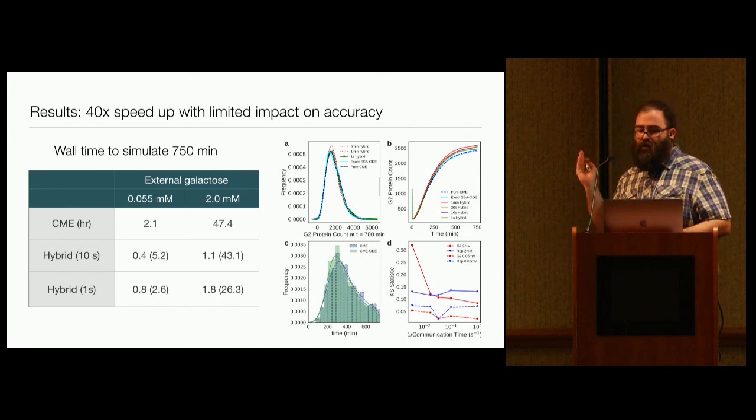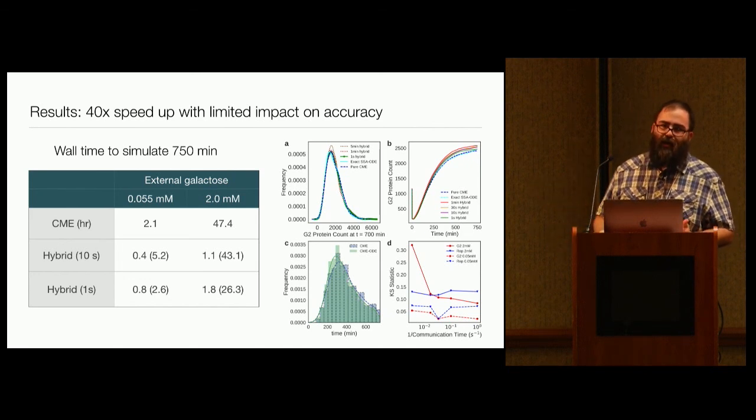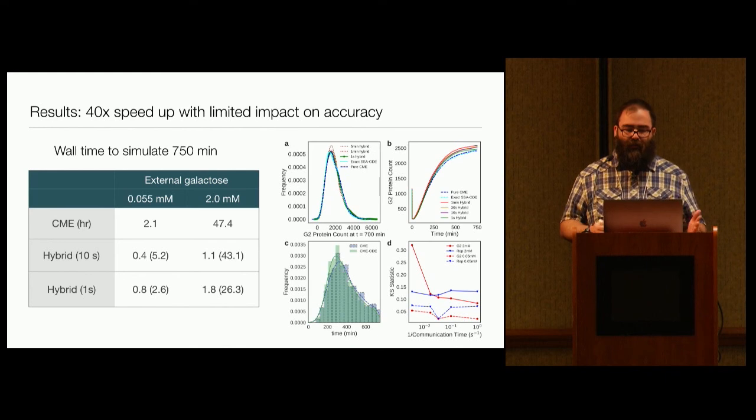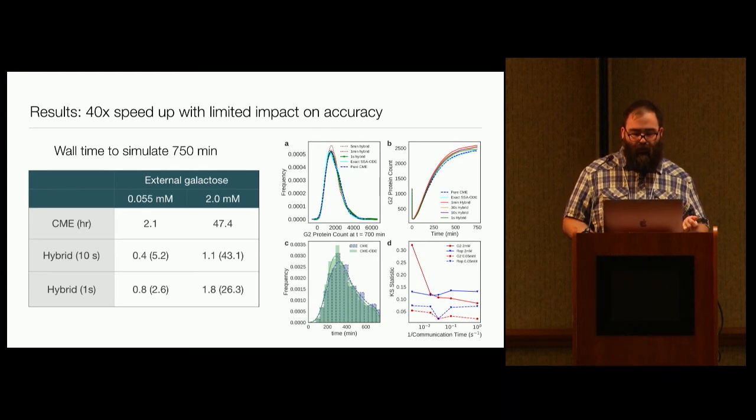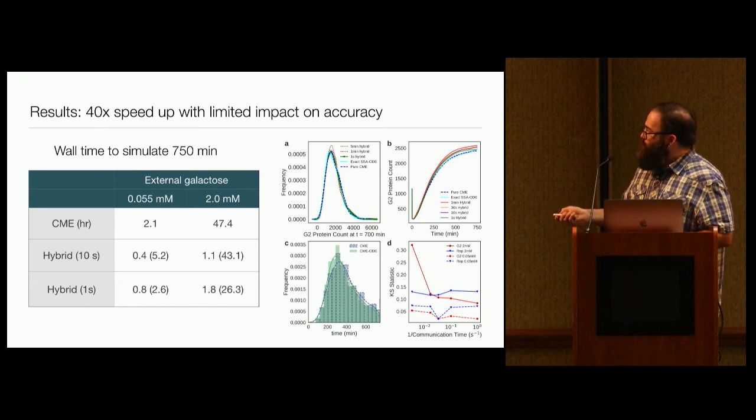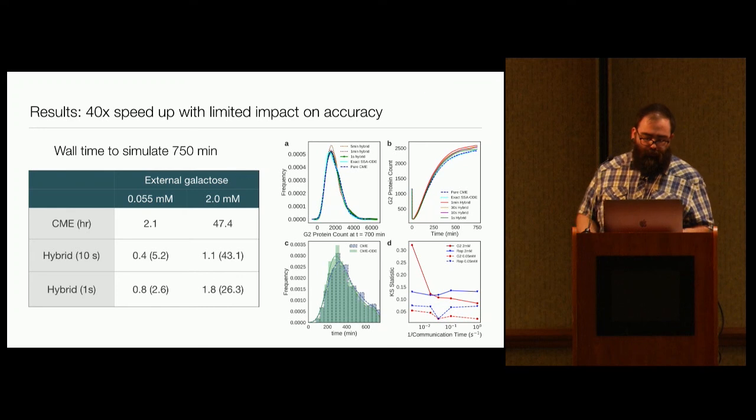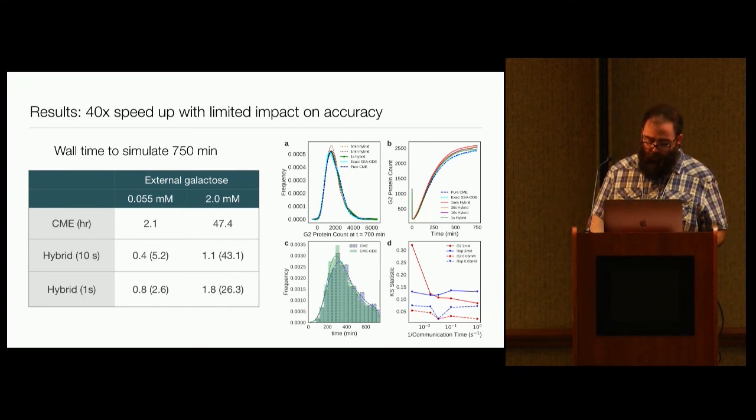And of course, at much larger communication times, there's not enough time to communicate the change in the system fast enough between the different solvers. So we found the sweet spot was about 100 milliseconds or so. We were happy with those results.